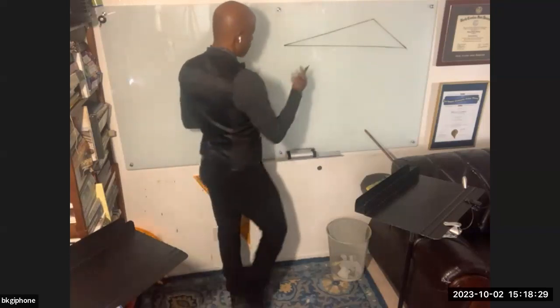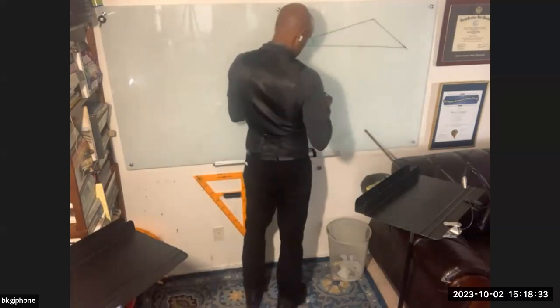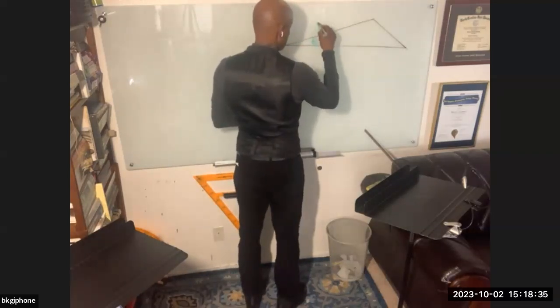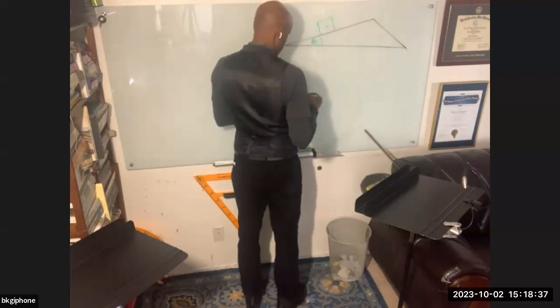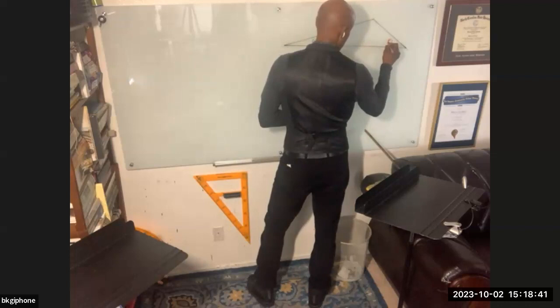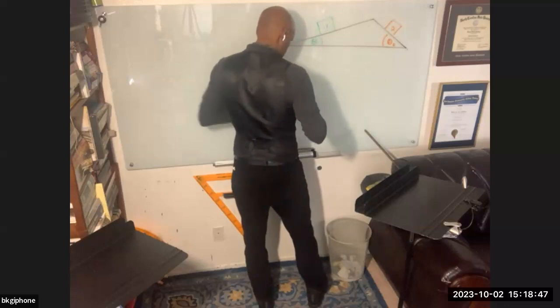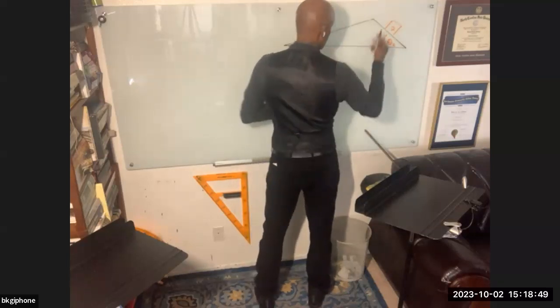So this is theta 1 here, and that's M1. It's theta 2, M2. And we've got the pulley here.